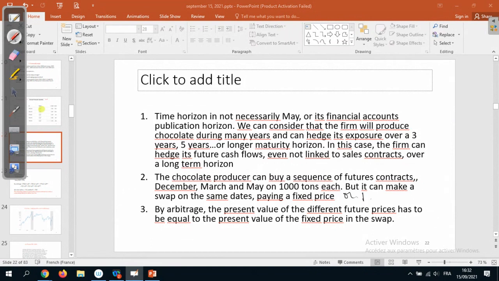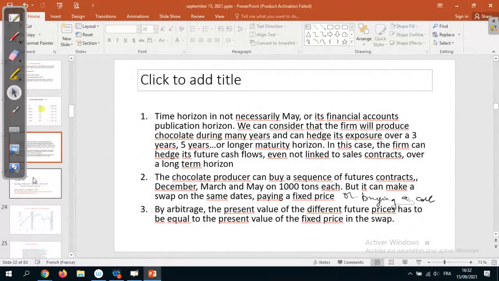Or buying a call on each contract. By arbitrage, the present value of the different futures prices has to be equal to the present value of the fixed price of the swap. Yes, it's equivalent to buying 3 different contracts with different prices, or a swap with the same price over the 3 expiration dates.